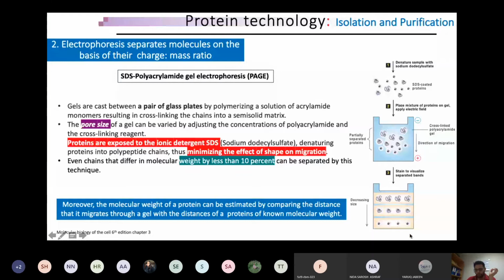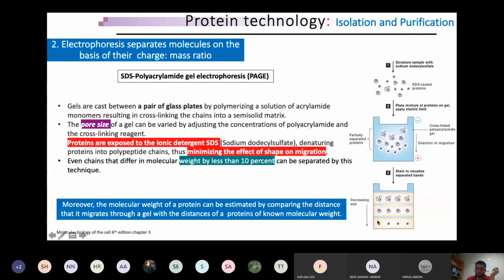Smaller proteins will move quicker and be at the bottom of the gel, whereas larger, heavier proteins remain up. So by the end of the day you could separate different fractions of the protein: the largest protein, maybe medium-sized protein, or the smallest protein.